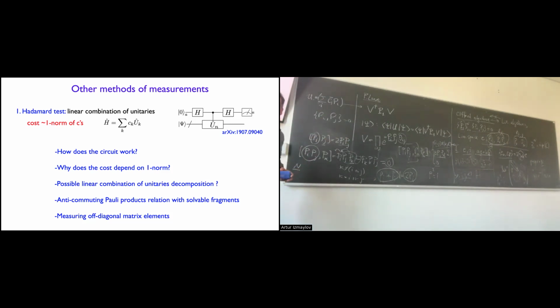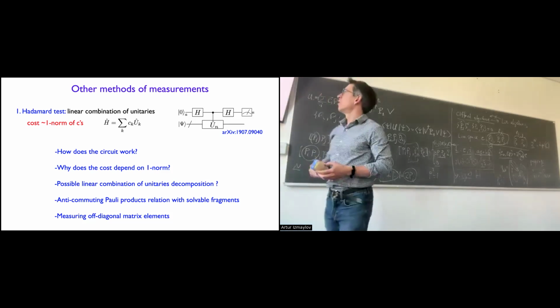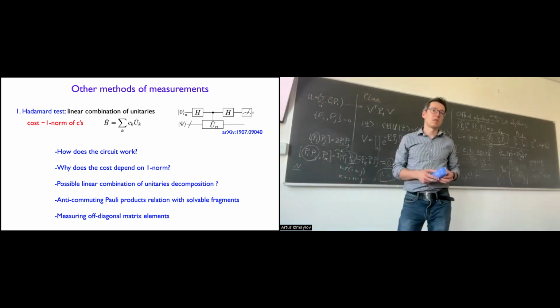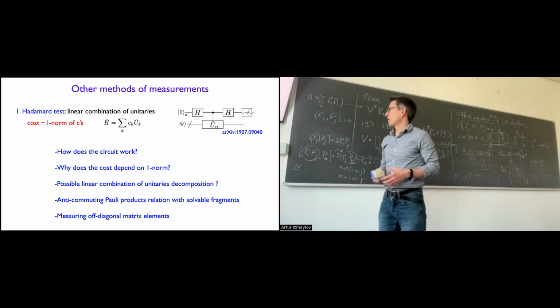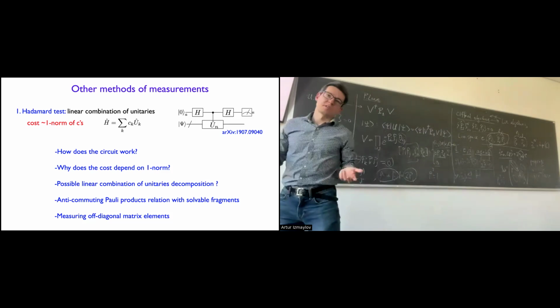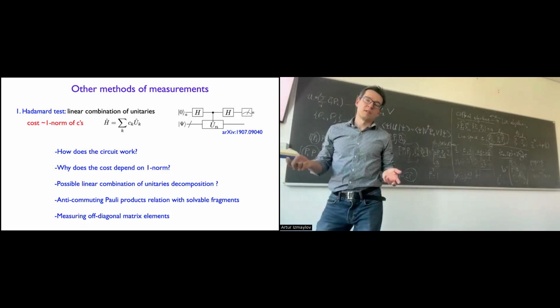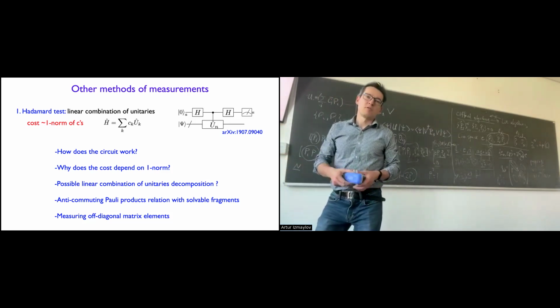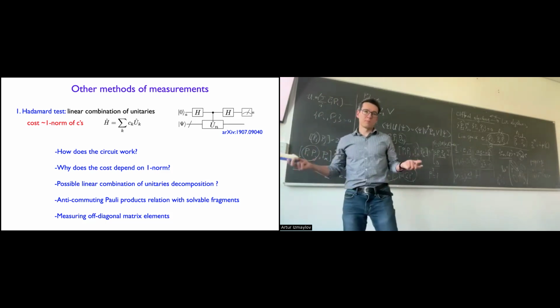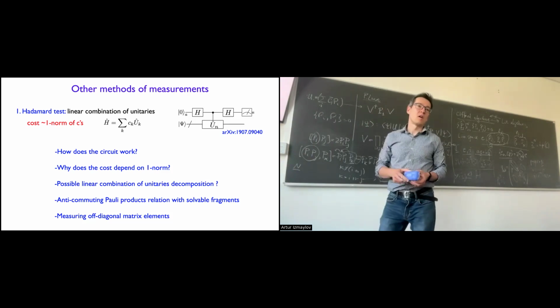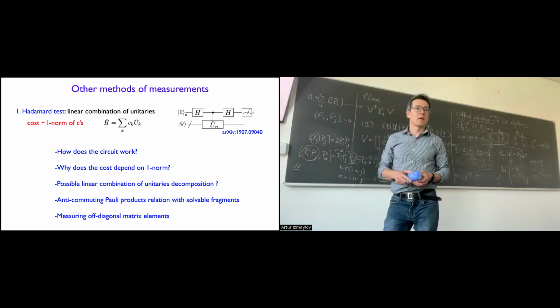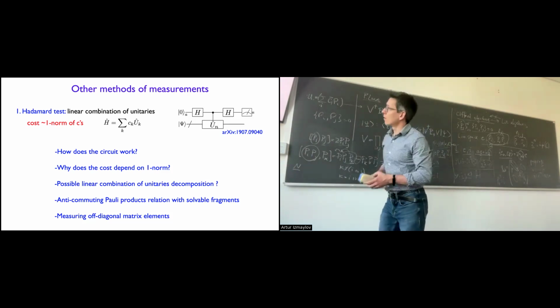More generally, how do we actually do that? Is it just an arbitrary mapping we choose to get H into a sum of unitaries? Okay, we always have H as a linear combination of Paulis. Yeah. Right, so those are unitaries. You can also group Paulis into anti-commuting sets.